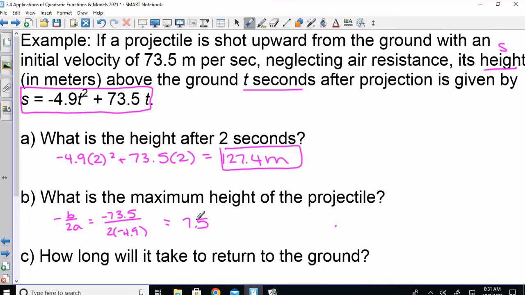Is that my height? No, that is my time in this case. So to get the actual height, we have to plug that in. Okay.